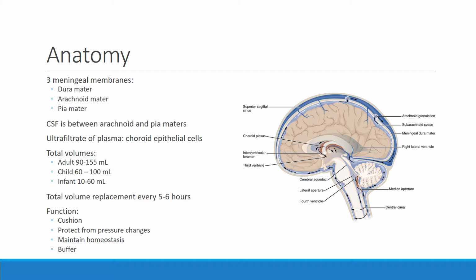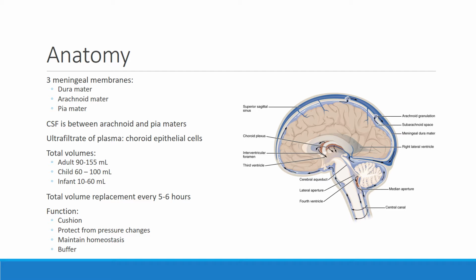CSF. So we expect there to be a difference if we look at, say, the glucose levels of the blood and the glucose levels of the CSF. They're not exactly the same, but they will be reflective. If you have a high plasma level, you'll have a high CSF level, and vice versa.